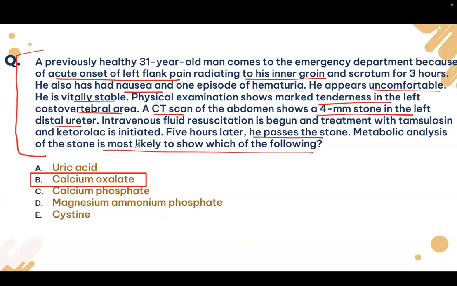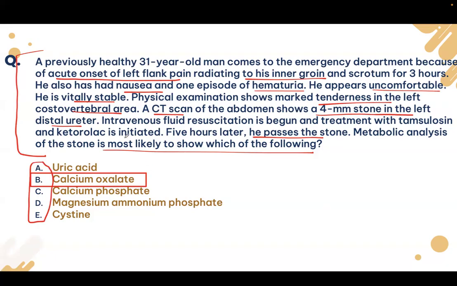So this question is asking you what is the most common constituent of kidney stones. Out of all of these, A, B, C, D, and E, the most common constituent of kidney stones is calcium oxalate, which is why the answer here is calcium oxalate.